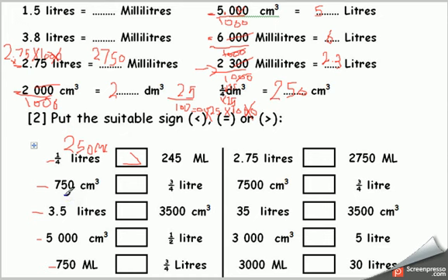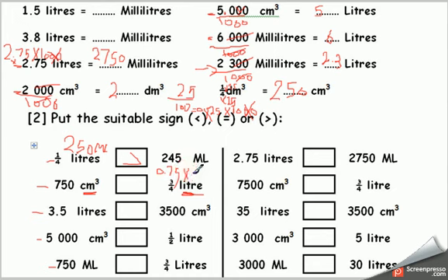Now I have 750 centimeter cube and this is 3 over 4 liter. I should convert all of them to the same unit, so I will convert this fraction to centimeter cube. I should multiply by 1000. Mister, I have a fraction. I should convert it at first to a decimal number. I should multiply by 25 up and down. The answer will be 0.75.